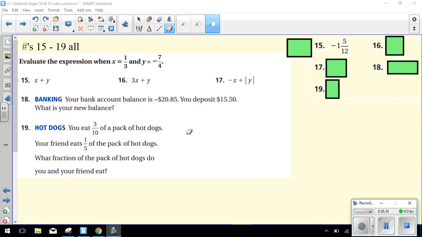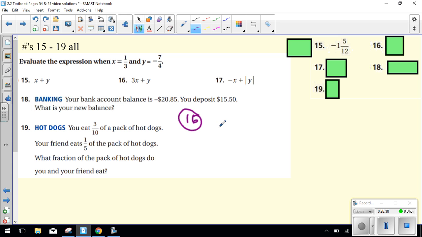For number 16, we have 3 times x plus y. So 3 times 1 over 3. I'm going to make this 3 over 1, and then plus negative 7 over 4.